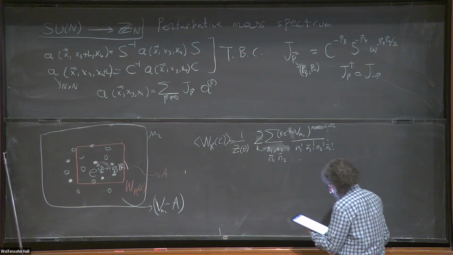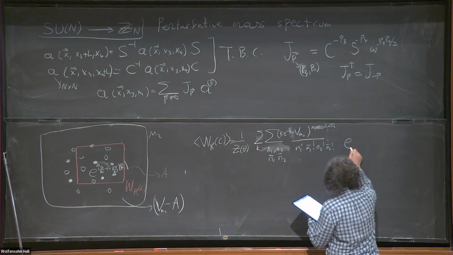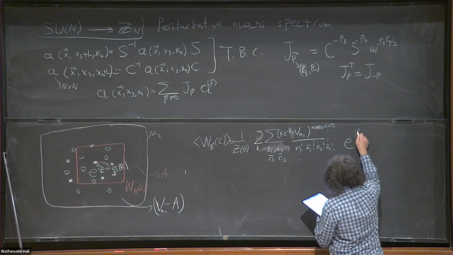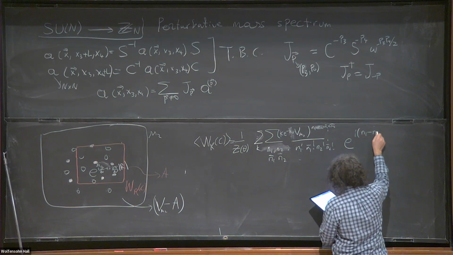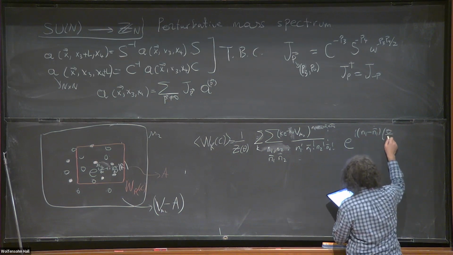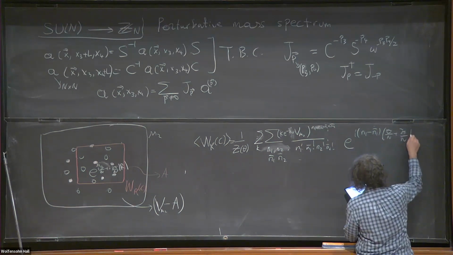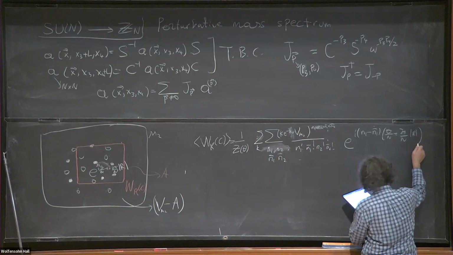Okay. Now the phase factors will be different. This is the important part. If it is inside, n1 minus n1 bar will multiply θ over n plus 2π over n, something related to the representation.